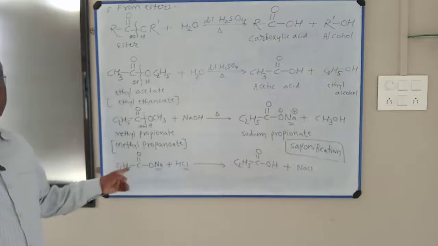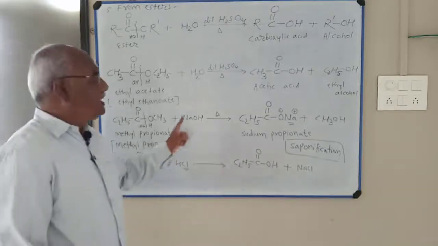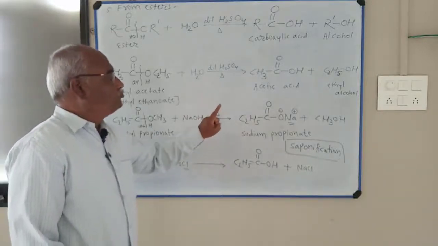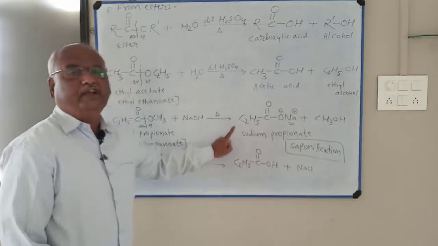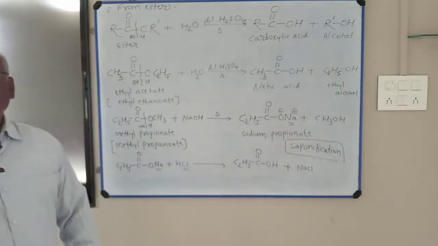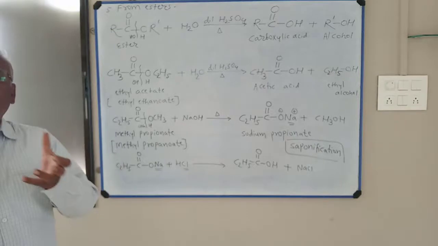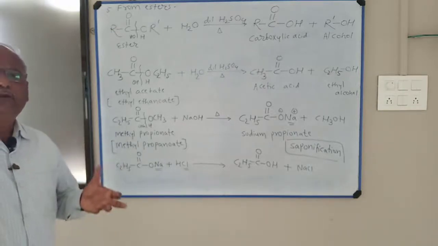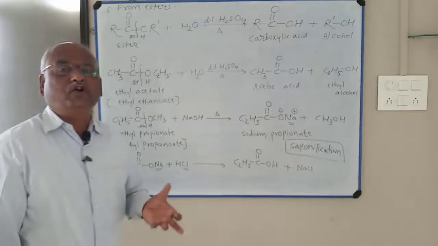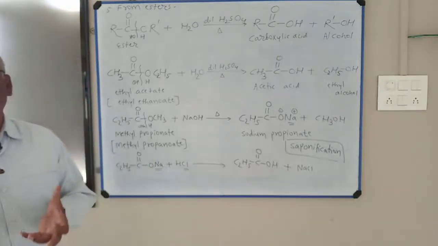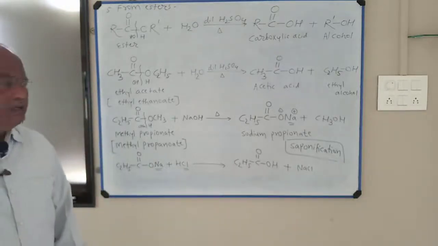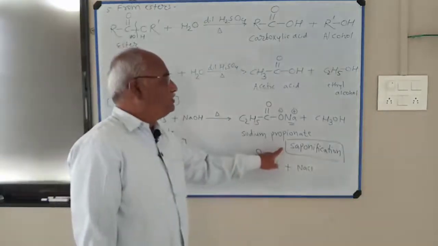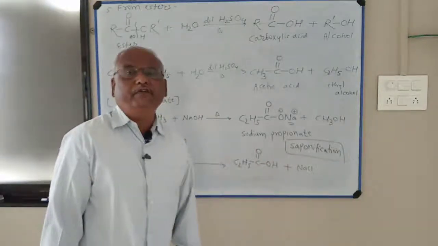Ester on alkaline hydrolysis gives the sodium salt of carboxylic acid, and the sodium salt of carboxylic acid is nothing but soap. Soaps are sodium salts or potassium salts of carboxylic acids. Therefore this reaction is called saponification.